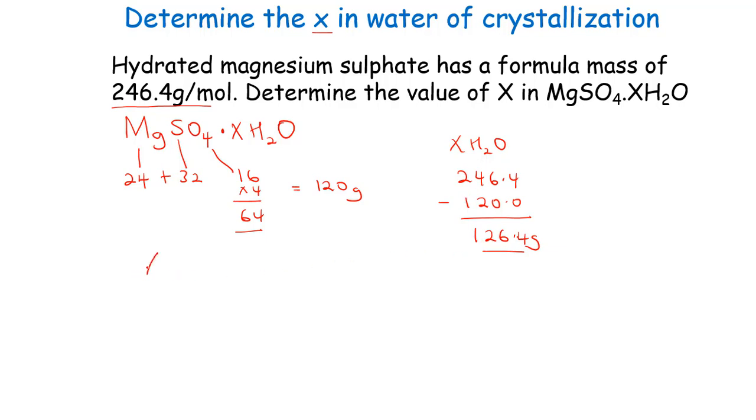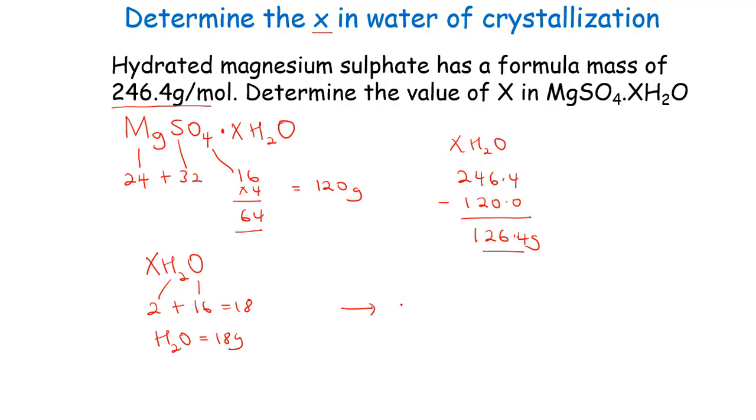However, when you look at our X water, it means that our water molecule has hydrogen, 2 times 1, which is 2, plus oxygen, which is 1 times 16, a total of 18. That means each water molecule weighs 18 grams. So how many 18 grams can we get from this?